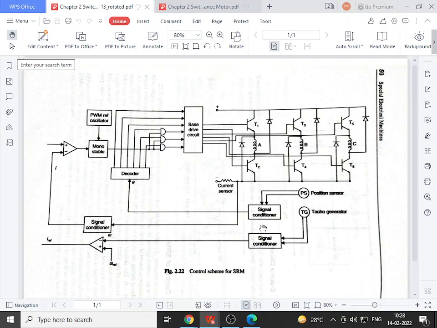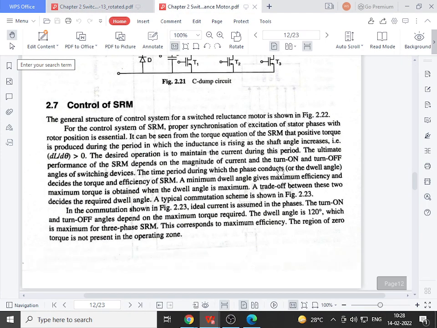Okay. So if you look at this block diagram, for every sensor there is a certain signal conditioner, and that signal conditioner generally converts the output of the sensor into a suitable form. Okay. Now how will this particular control scheme work? Here we are talking about the general structure of the control circuit in detail, and a specific control strategy we have not discussed at this point.